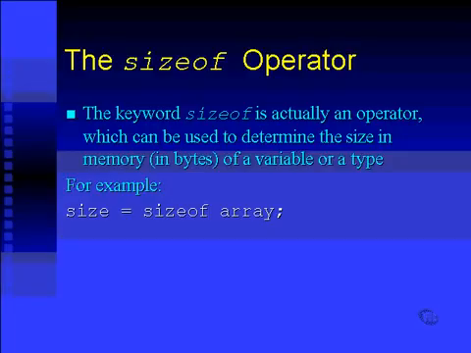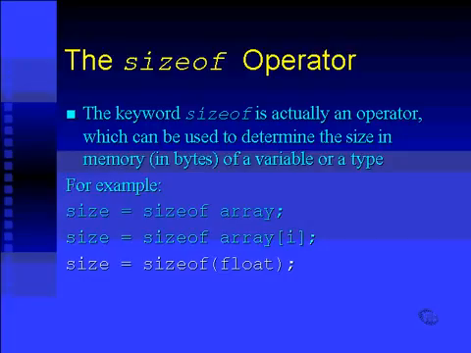It will tell you the size of the entire array, if necessary. Or, you could find out the size of just one element of the array. Now, that, of course, is always going to be the same size, no matter which element you talk about. You can even find out the size of a type. You can just say the size of float. But it's somewhat special.